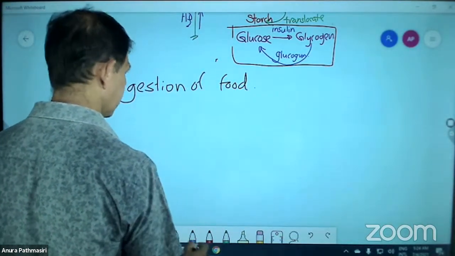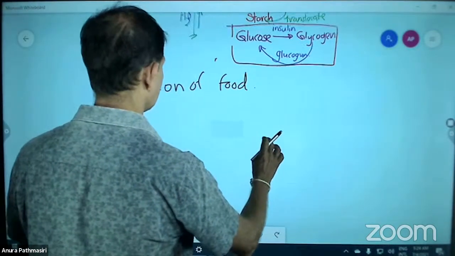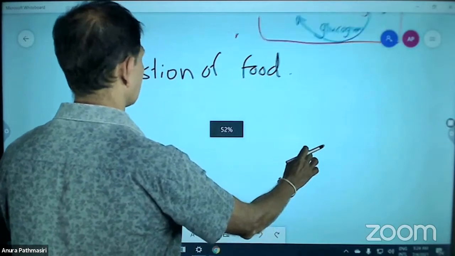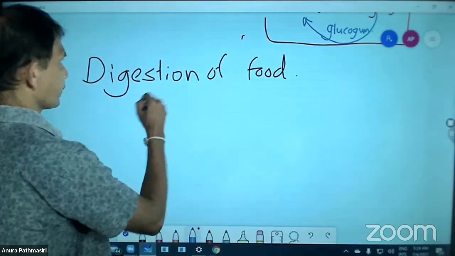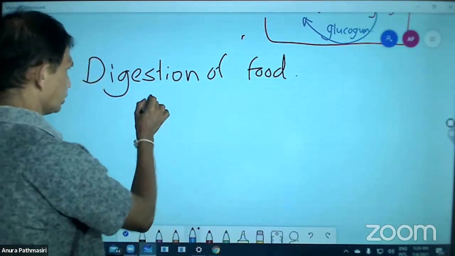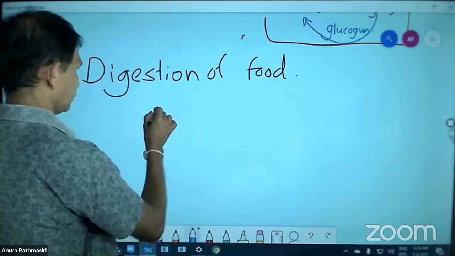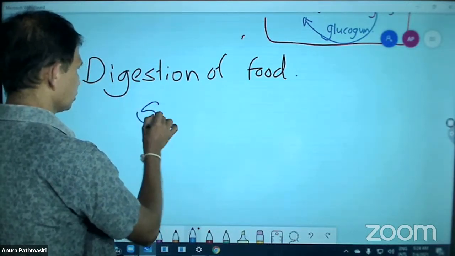Digestion of food in the small intestine. What is the disaccharide? Sucrose.